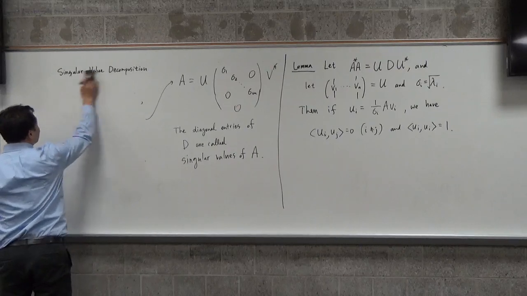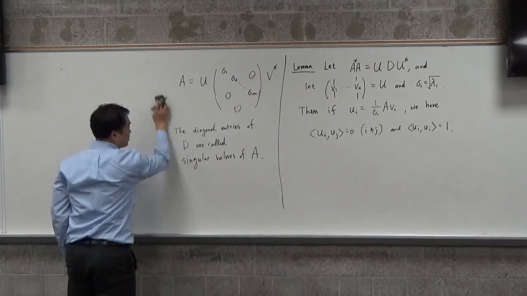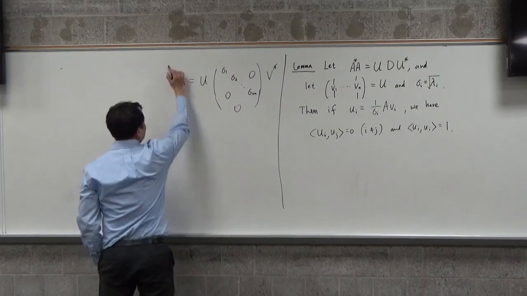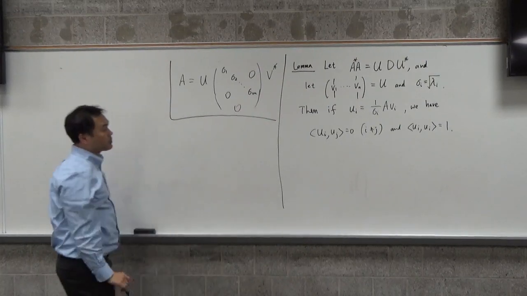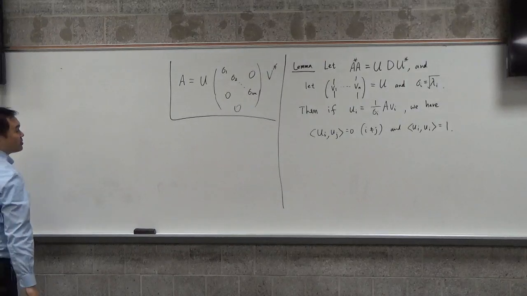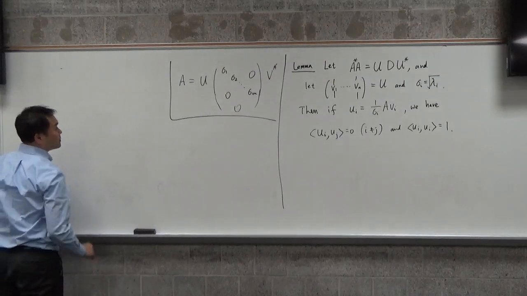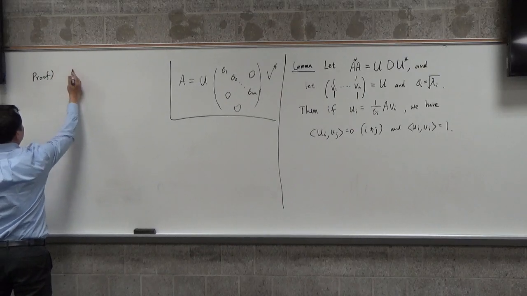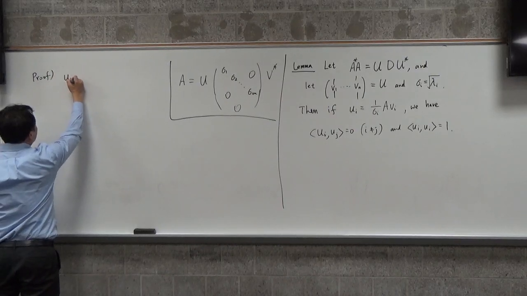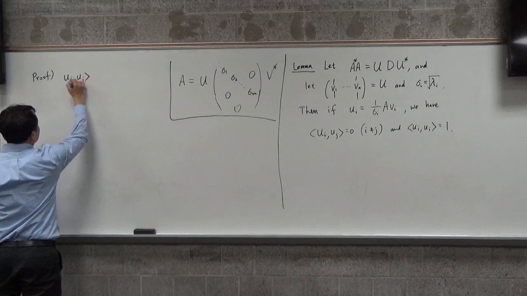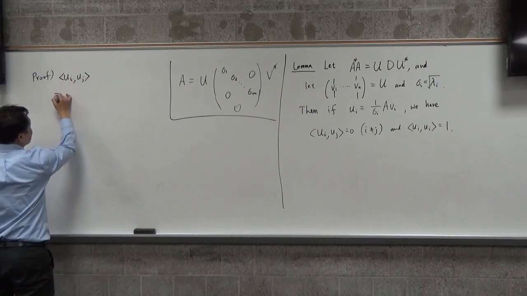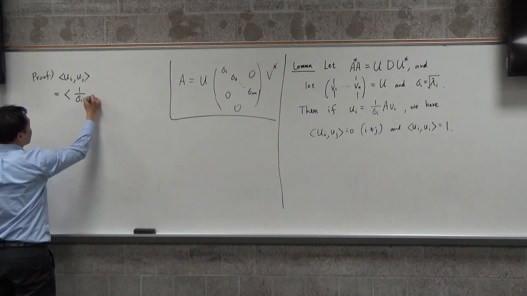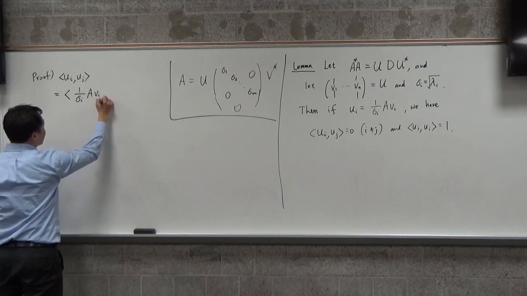So let's continue. So let's prove that. Okay, proof. Let's say you have the inner product of Ui and Uj. Just write down its definition. Ui is 1 over sigma I, A Vi.